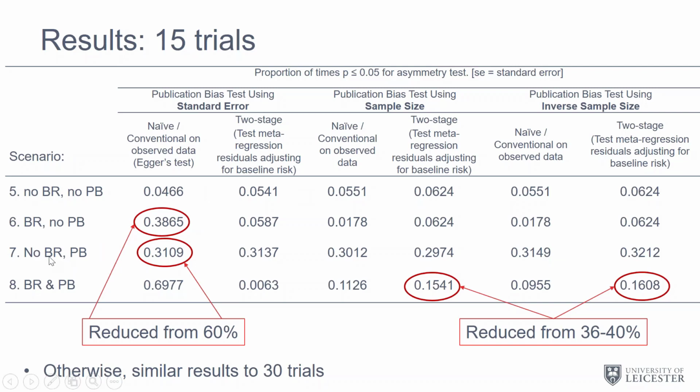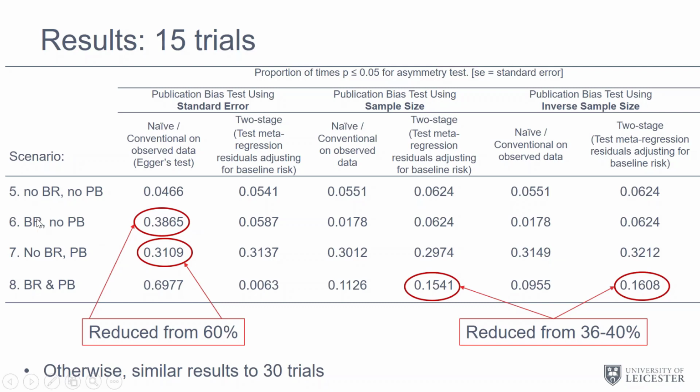In scenario 7 here, again, where we've got no baseline risk interaction, but we do have publication bias now, we see that Egger's test is identifying that publication bias 31% of the time, and this is a reduction from 60% when we had 30 trials in each meta-analysis.